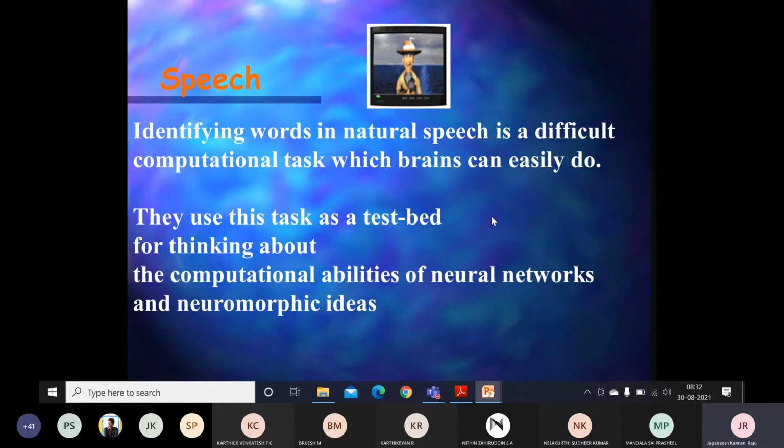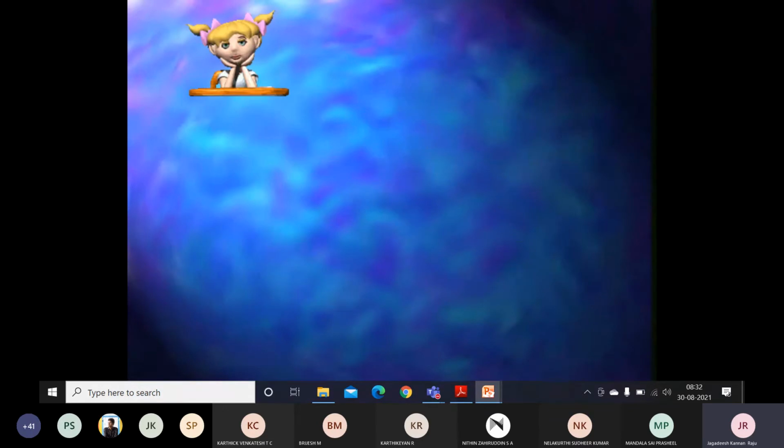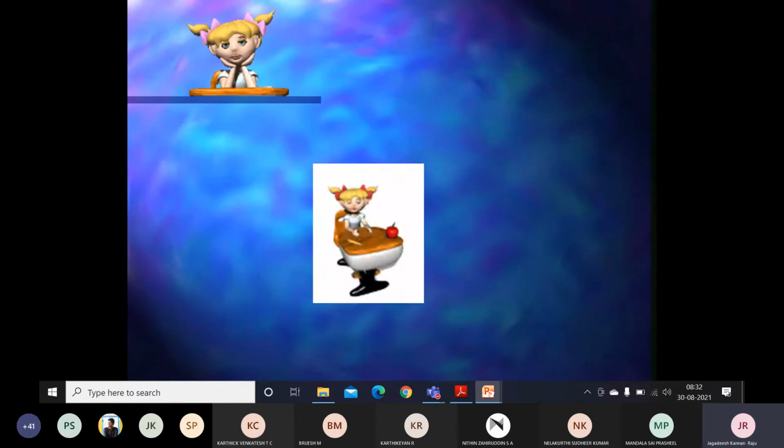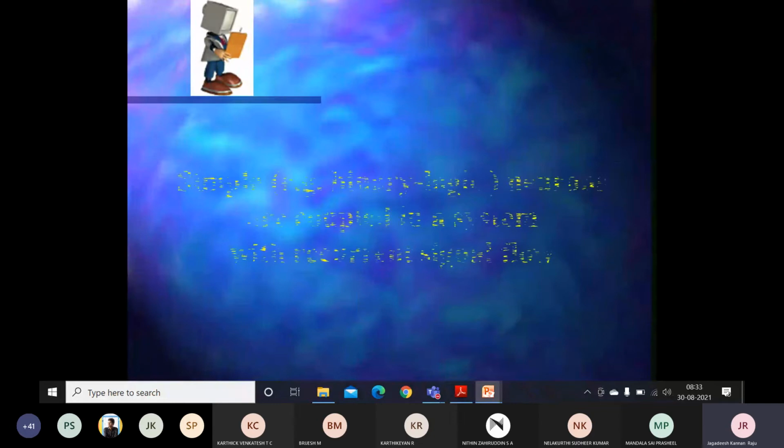So this problem is taken as a test bed, and the neural network is trained for speech processing, and then we provide solutions like speaker dependent systems, speaker independent systems, or word independent systems. Like that, we develop certain applications in and around speech processing.